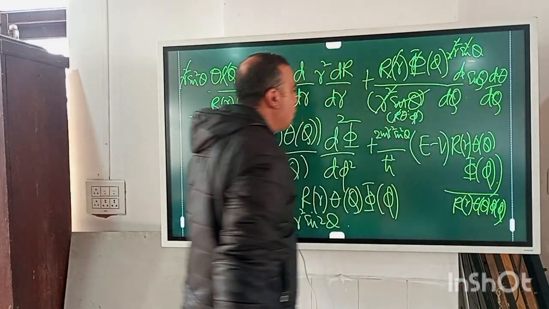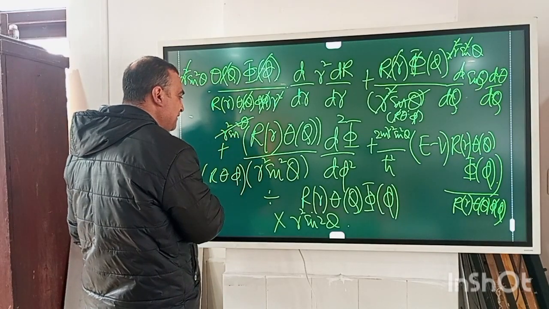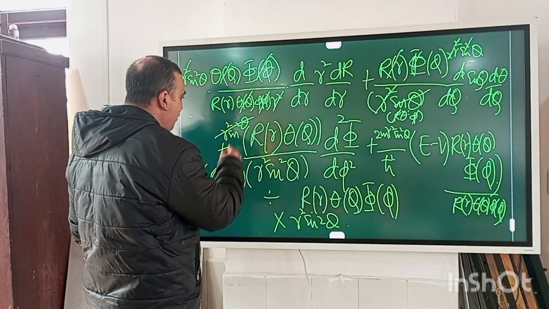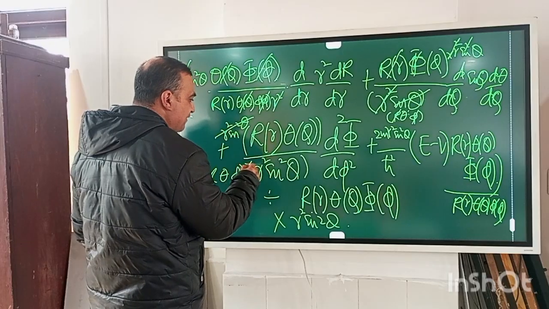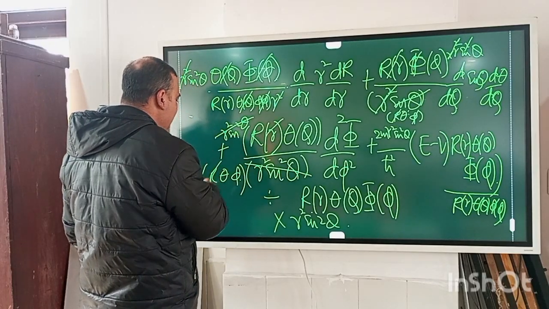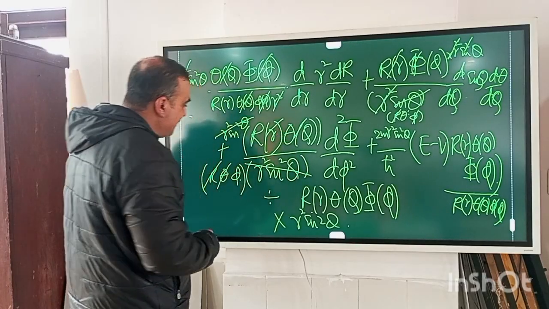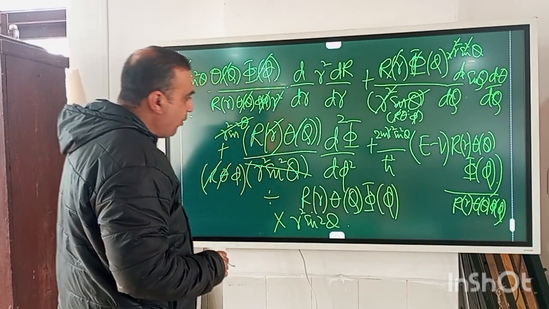Similarly in this equation, r squared sine squared theta will cancel with r squared sine squared theta. Here R and R will cancel, and Theta will cancel. So here we will be left with Phi only.